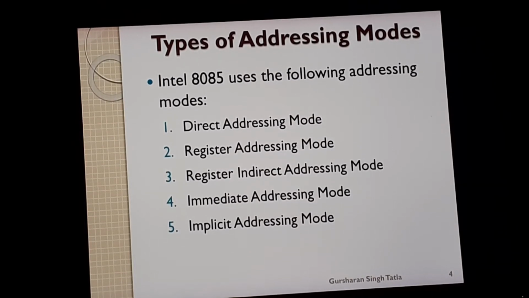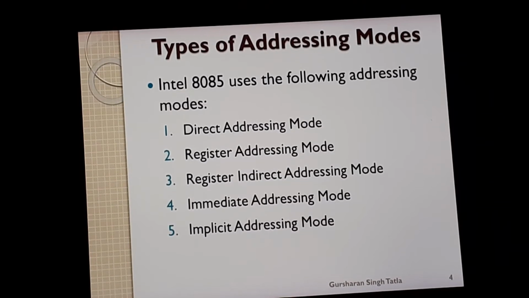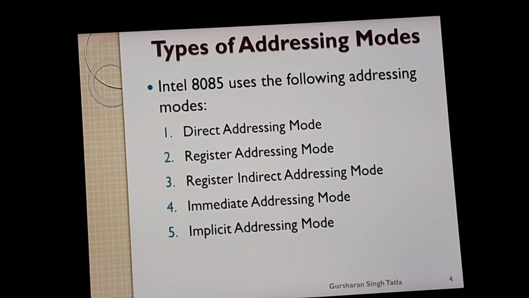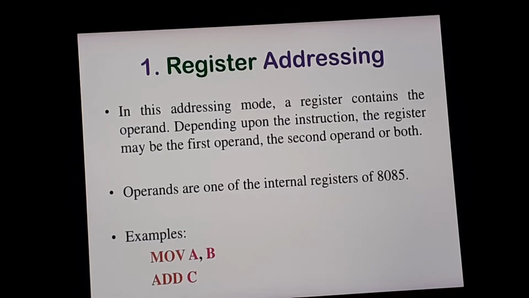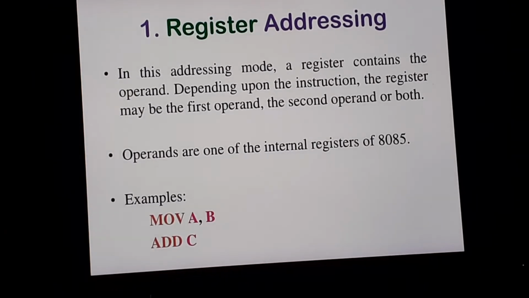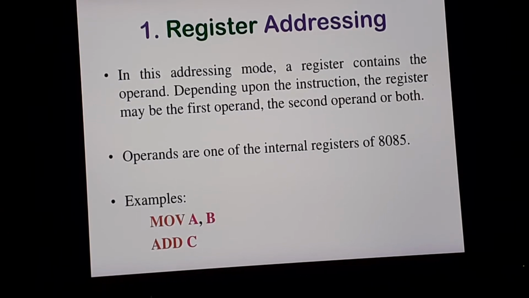Each of these addressing modes we'll be seeing now in brief. These are the names of the addressing modes in this chapter, and each of these addressing modes covers some of the instructions. Now see here. The very first addressing mode that I start with is register addressing mode. In this addressing mode, a register contains the operand.